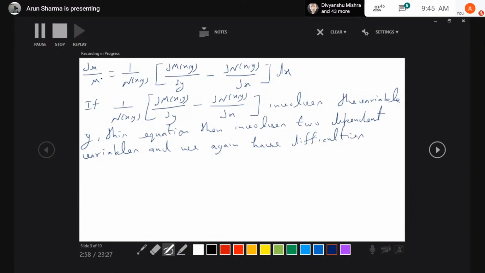Why? Because on the left hand side we have a function of x and on the right hand side we have a function of y. So again this is a problem.